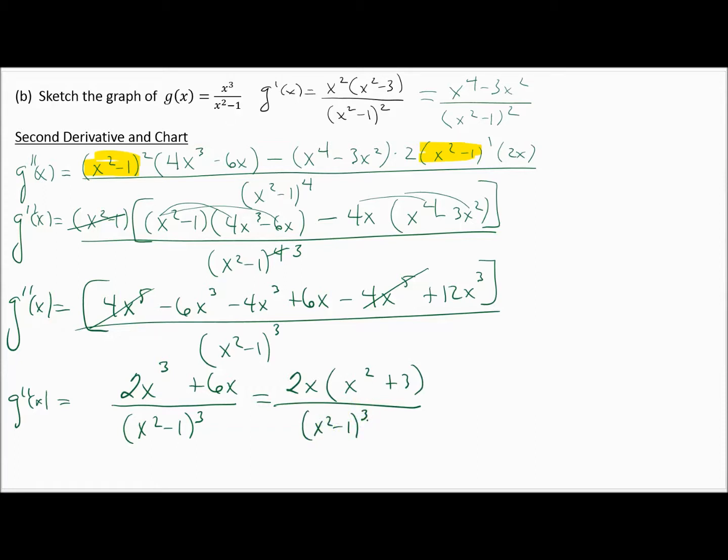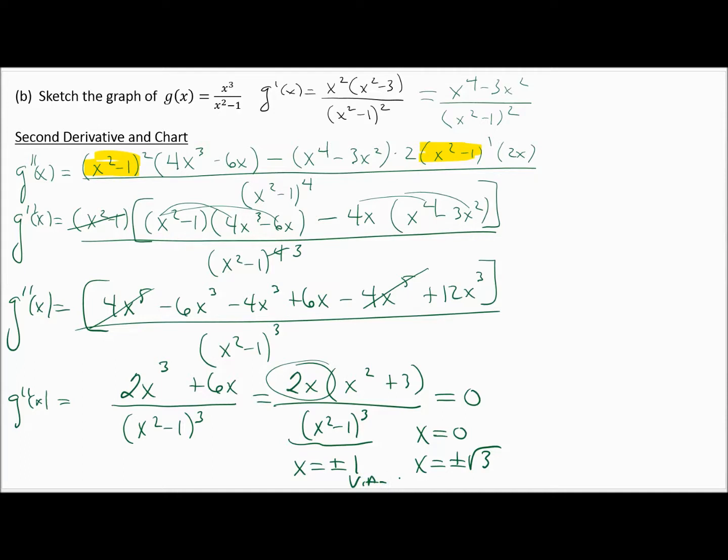Alright, so where are my critical numbers for the second derivative? Remember, I need to set that equal to 0. Notice from here I get x equal to 0, and from here I get x equal to plus or minus the square root of 3. Also, if I set the denominator equal to 0, x is equal to plus or minus 1, but those were where our vertical asymptotes are.